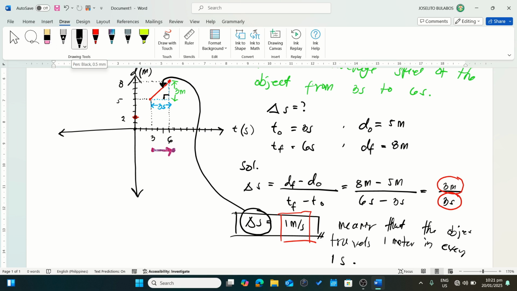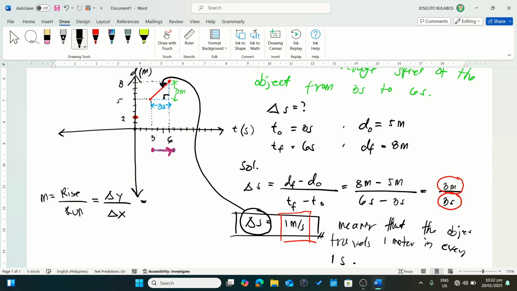If you could still remember, m equals rise over run. So the rise here is the change in y, while the run here is the change in x.